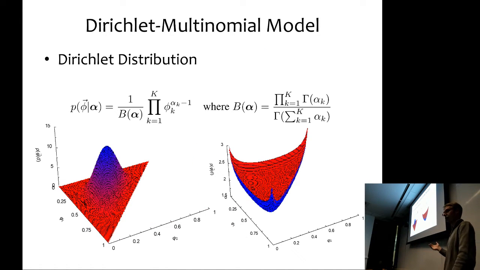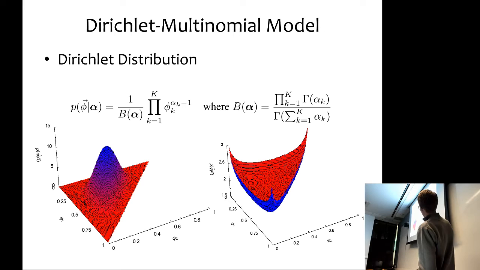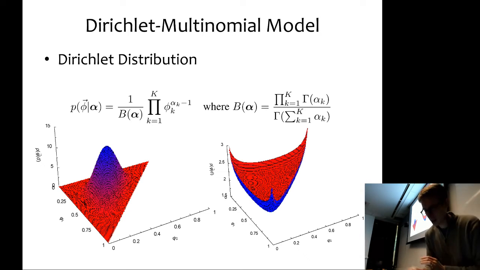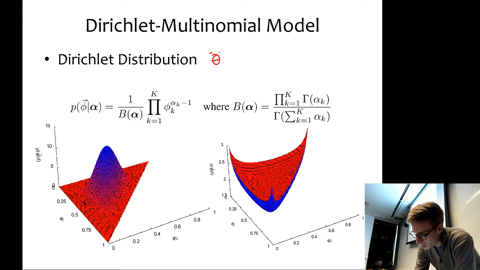The Dirichlet is useful if you want, say, the parameters of a multinomial distribution, meaning that you're going to now have a vector phi of parameters that sum to 1. So here we have the vector phi in R^K, and each phi_j is in the range 0 to 1.